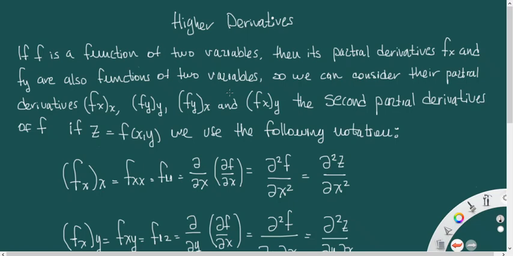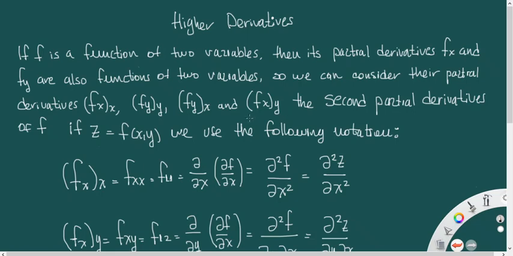So we can consider the partial derivatives, let's say f sub x with respect to x, f sub y with respect to y, f sub y with respect to x, and f sub x with respect to y, as the second partial derivatives of the function f.